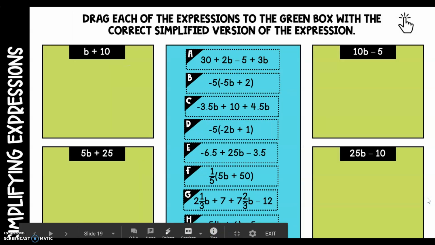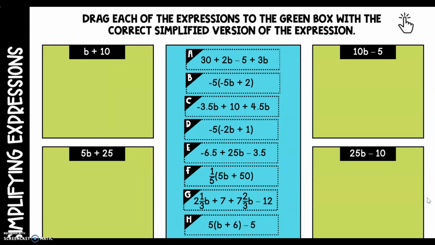All right, so you're going to drag the expressions that are in the center or in the blue square to the side after you have simplified them. So for instance, A is 30 plus 2b minus 5 plus 3b. If you have a sheet of paper, rewrite this expression to make your like terms together.